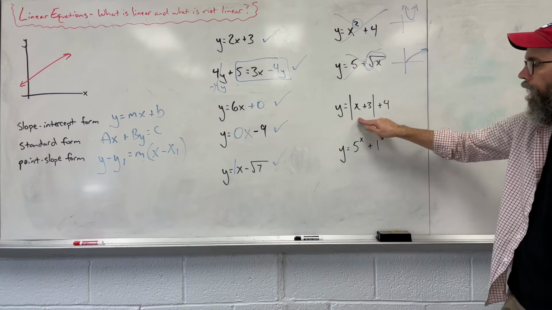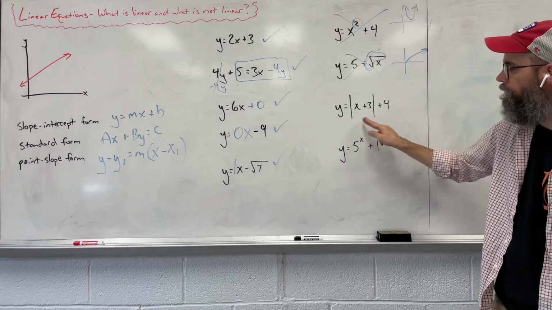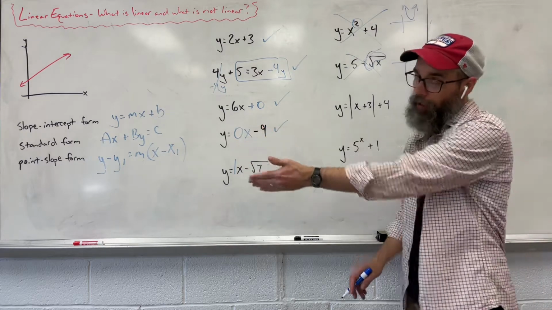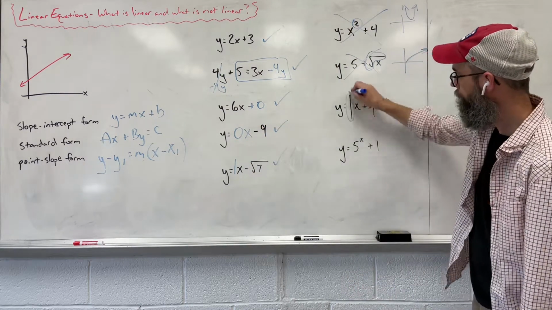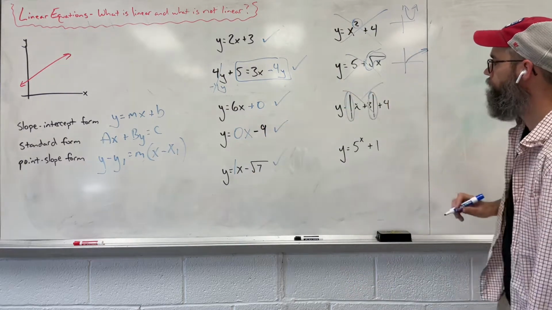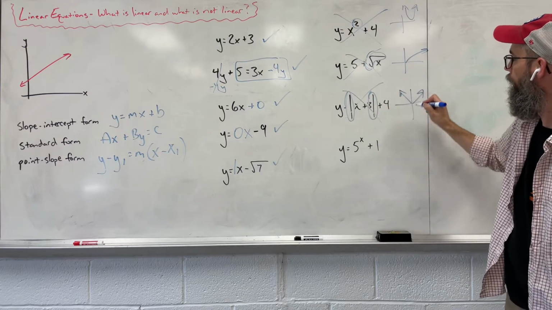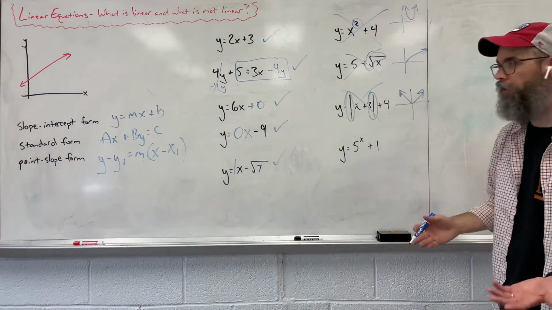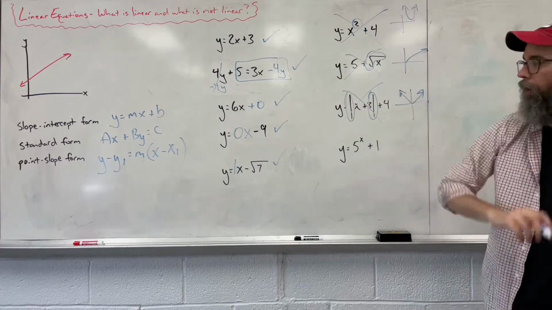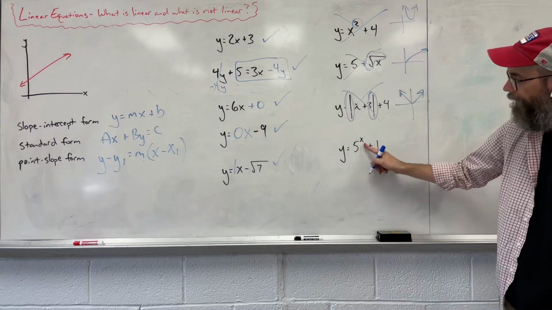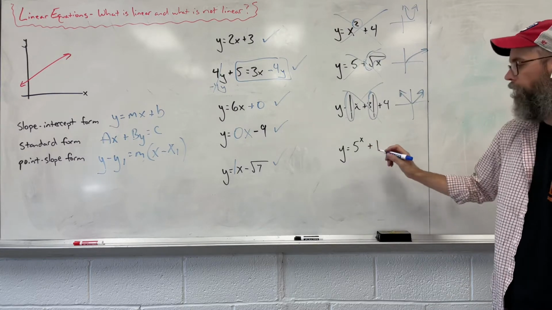Third one here, absolute value. These little bars are called absolute value. I see no absolute values in the forms. Because of them, it messes it all up. What does that graph look like? Well, it kind of looks like a big old V. We don't want that. We only want one line. And then finally, I have an exponent that's the variable.